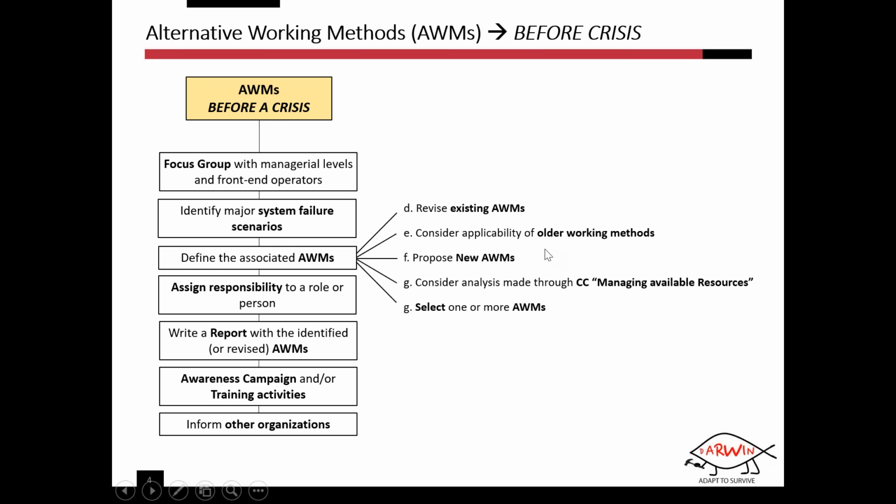So here are a few points more detailed. This definition of alternative working methods may imply the revision of an existing one, as I was saying before, or also the application of an older working method. So we were discussing the example in the air traffic control.